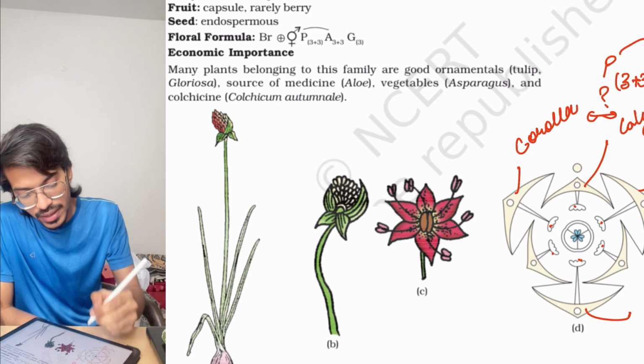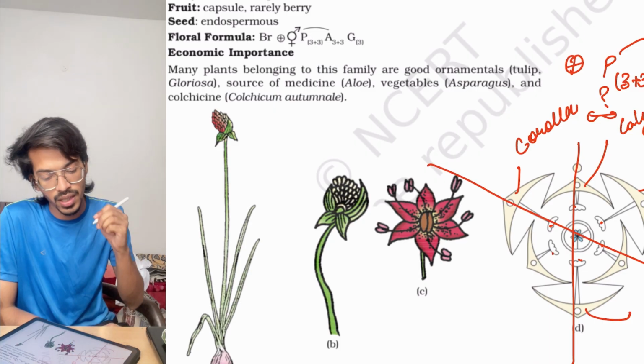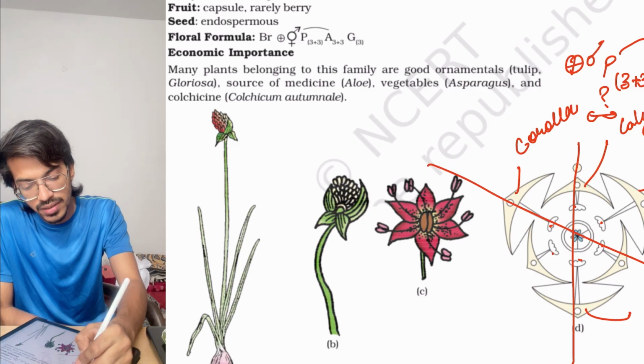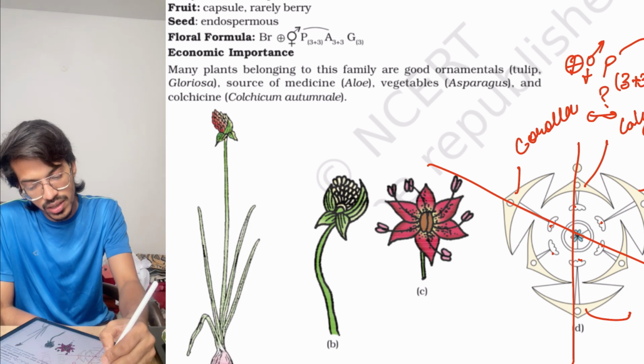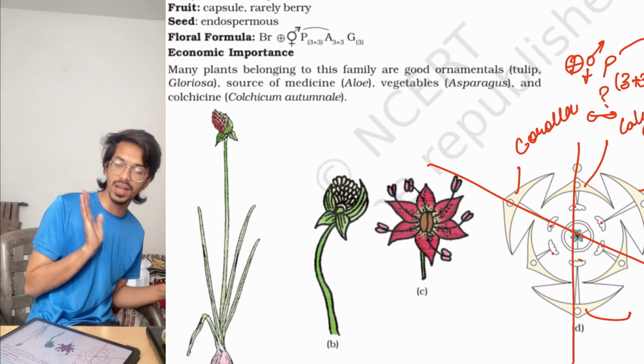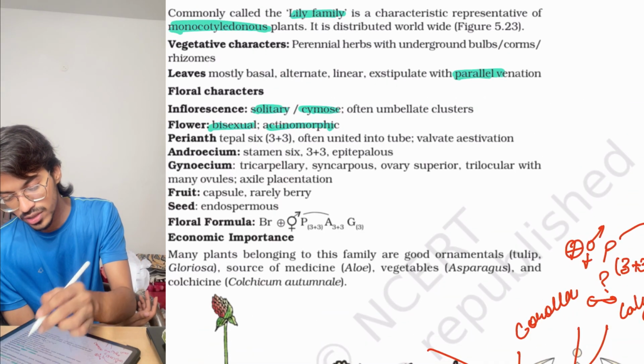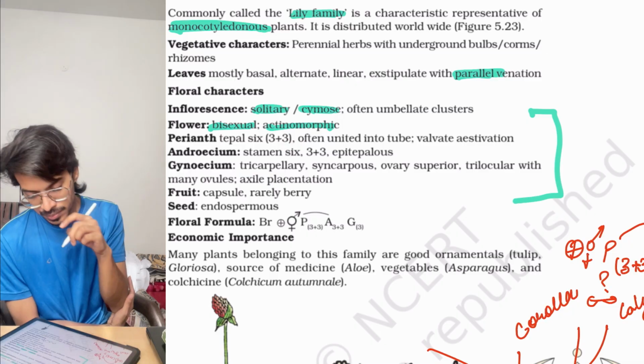If you want to cut it, you can cut it this way, all the way. So male and female both are present this way. Then comes the gynoecium. You have to remember 3, it is perigynous at the equal level. Okay, that's it.